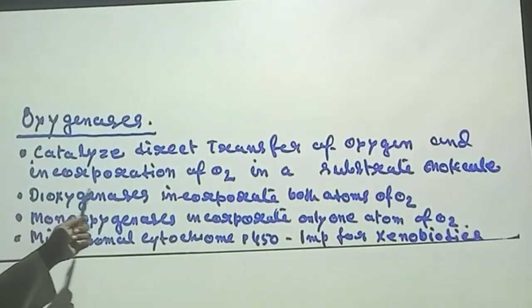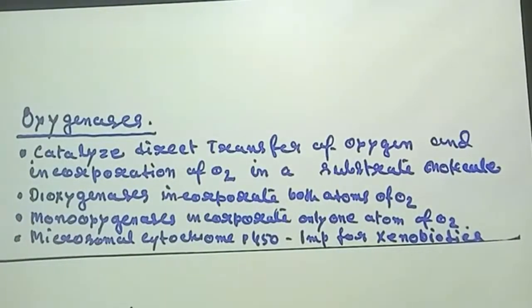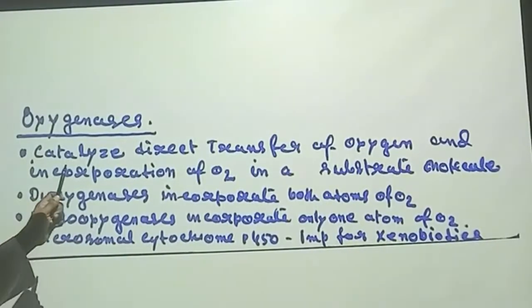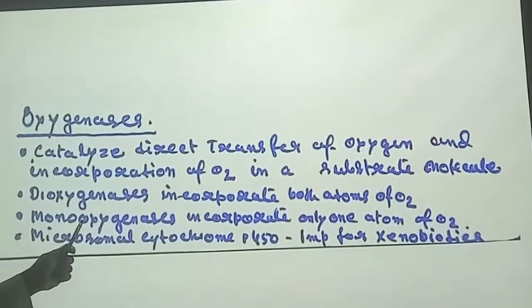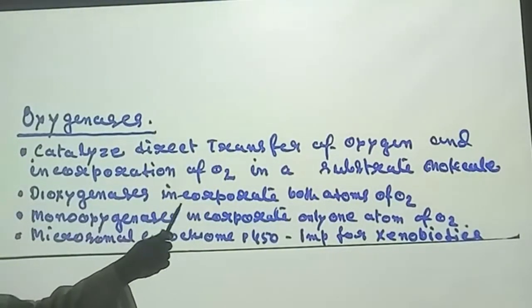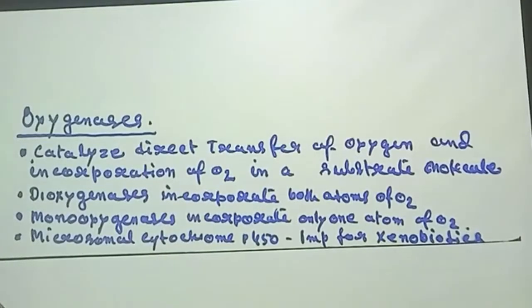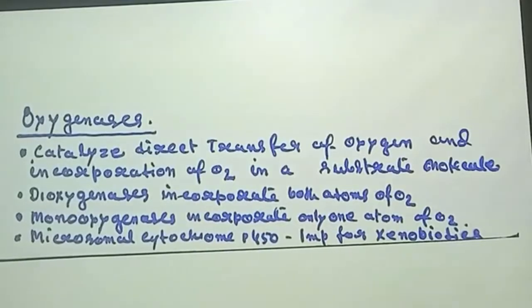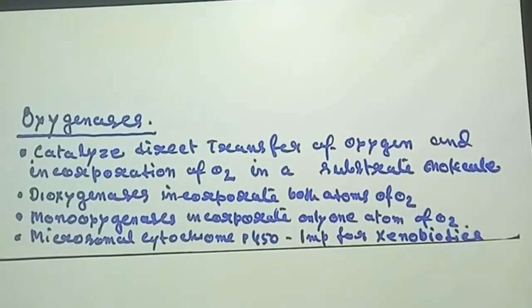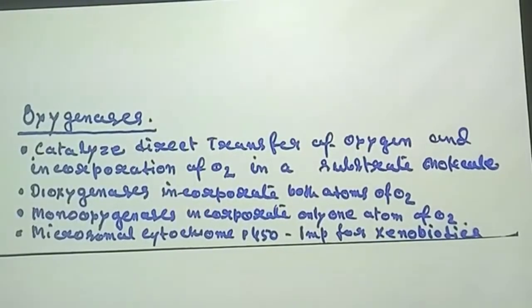Lastly, oxygenases. They catalyze direct transfer of oxygen and incorporation of O2 into a substrate molecule. With monooxygenases and dioxygenases, you will find molecular or atomic oxygen being utilized and directly attached to the particular substrate.